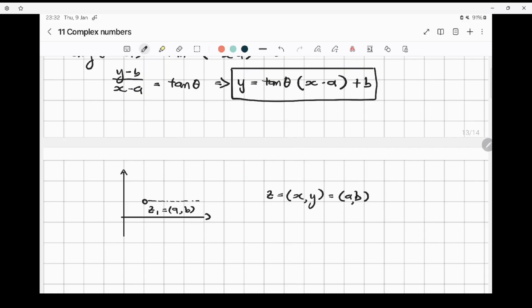So usually we would avoid this particular point, which is why we need to draw the open circle, and then you just go up. So this will be your locus, and your angle will be theta over here.